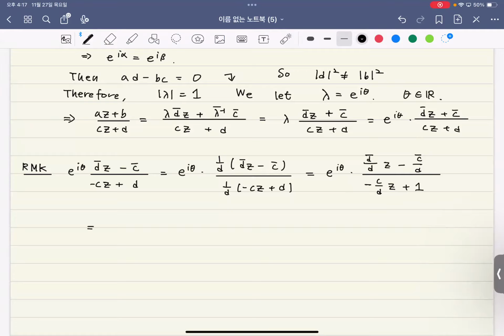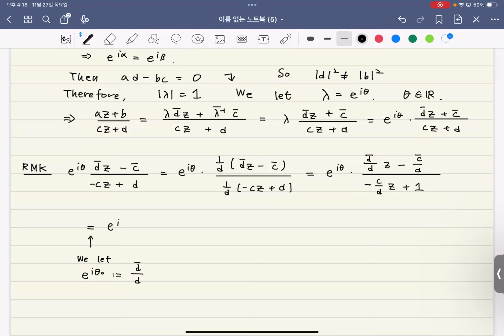Okay. Well, this number, d bar, has been divided by d. So clearly this complex number has modulus 1. So we let e to the i theta 0 be d bar over d.